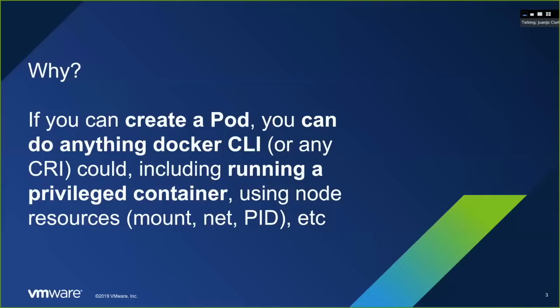The interesting thing about this is that if you can create a pod in Kubernetes without pod security policies in place, you can essentially do this on the node where your pod will be running. So this, at least for me, was quite shocking to see.